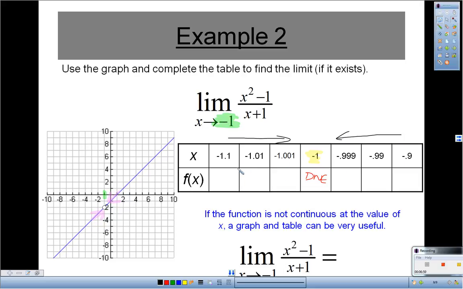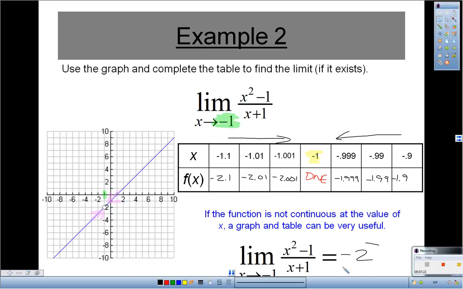So that's where these numbers for the t-table are coming from. But if you plug these numbers in, I'm going to get -2.1, -2.01, -2.001. If I plug in these numbers, I get -1.999, -1.99, and -1.9. So as you can see, they are approaching the same number.